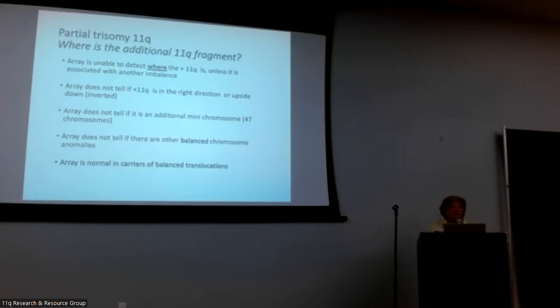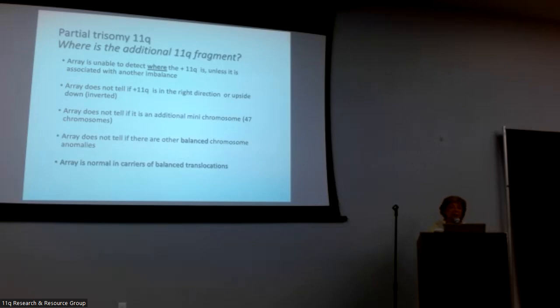An array is unable to detect where the piece of chromosome 11 is attached, unless it's attached on a deleted chromosome, because it sees the deletion. It doesn't tell if 11q is in the right position or upside down.